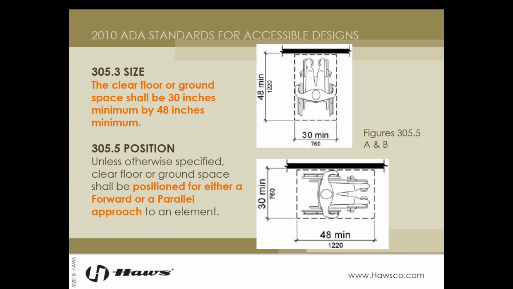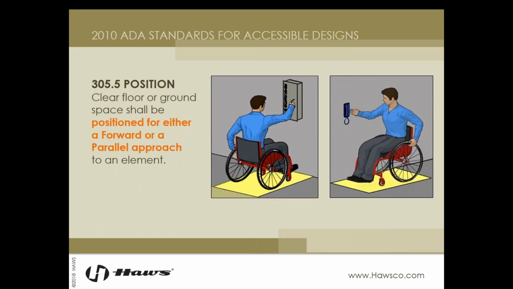So here we go. Clear floor space is a very important measurement and must be met for either a forward or parallel approach, and you must provide 48 inches by 30 inches clearance to an element, whatever that element is. I'm going to repeat that about 100 times before the end of the webinar. You can see in the illustrations above, this is an example of forward and parallel approaches.